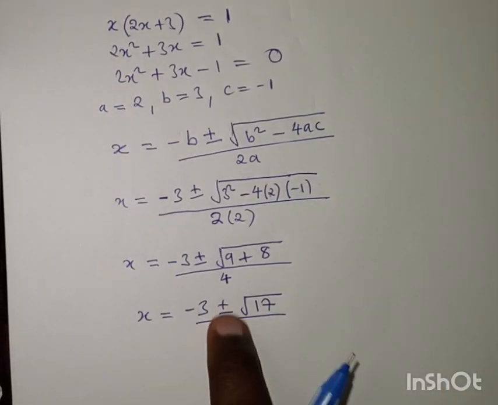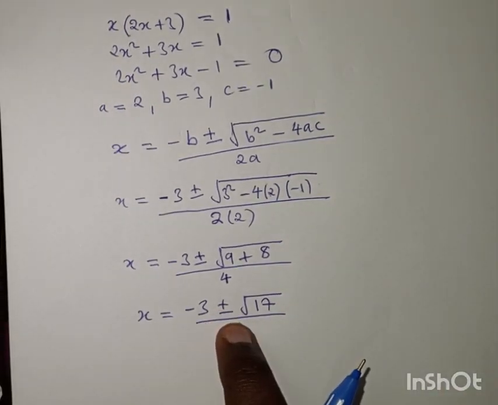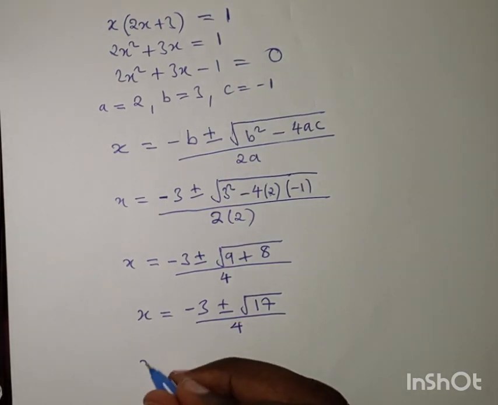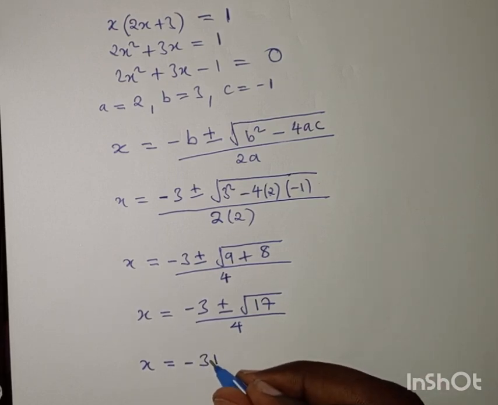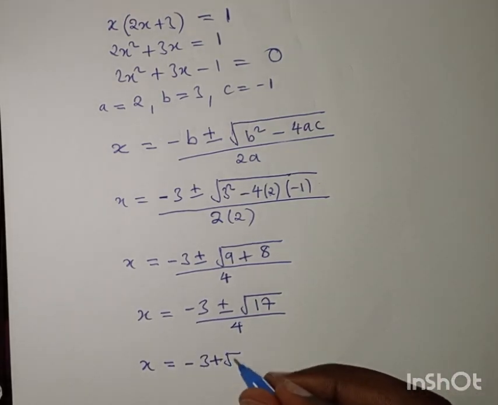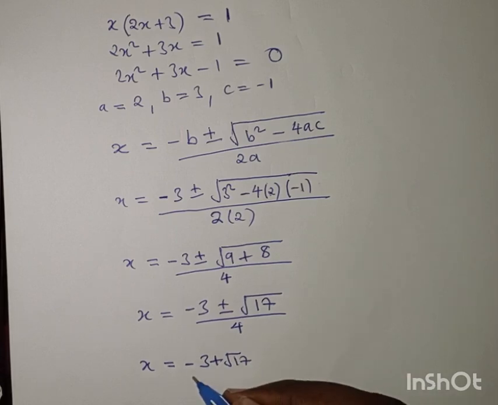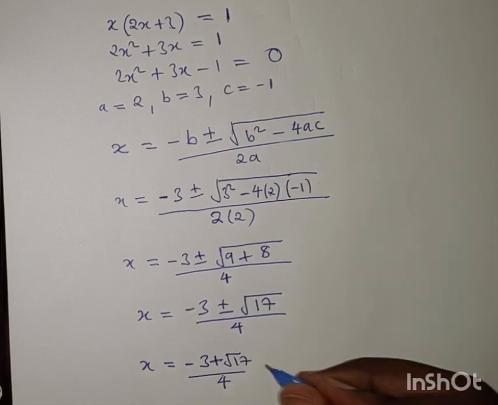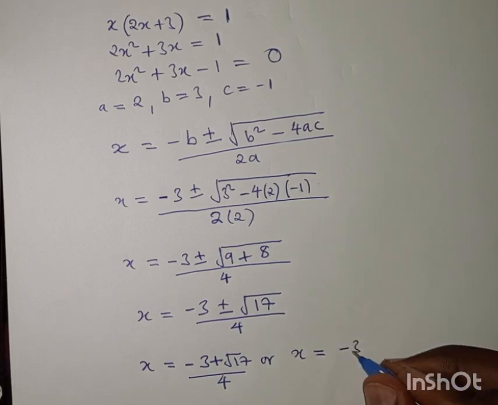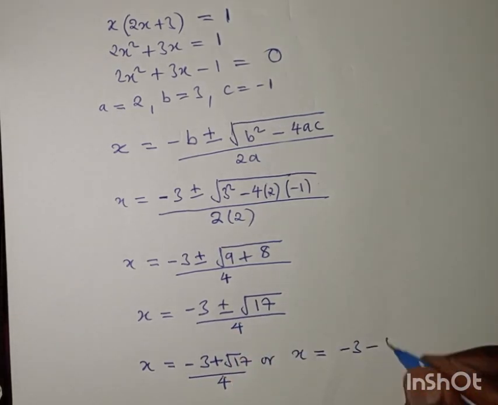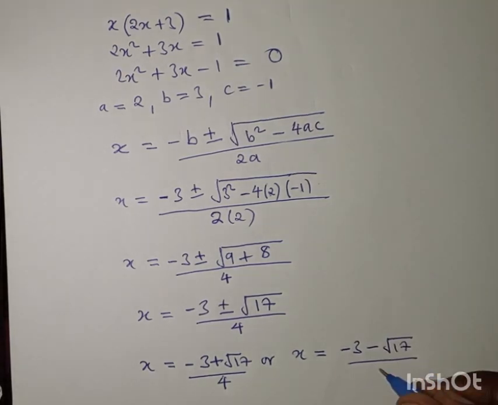We can see that we have plus or minus, so we are going to have two possible solutions. x is equal to negative 3 plus the square root of 17 over 4, or x is equal to minus 3 minus the square root of 17 over 4.